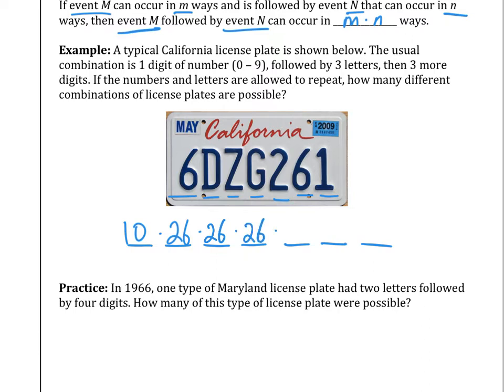The next ones after that are numbers, so that's 10 ways, and then 10 ways, and 10 ways. So if you multiply everything together, you should get 175,760,000 ways to create this license plate.